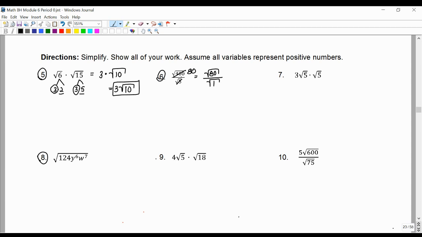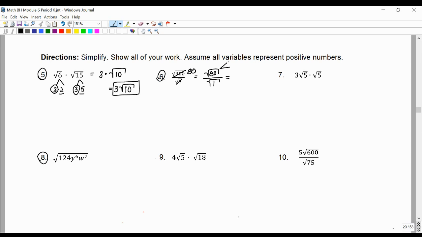There is a common error, though: when I cancel these, since they're both in square roots, some people tend to forget that the square root's still there, because we haven't square rooted anything. All right, and now this is just going to be over 1, which means I can disregard this, and I'm going to start to look for what to do my factor tree with.